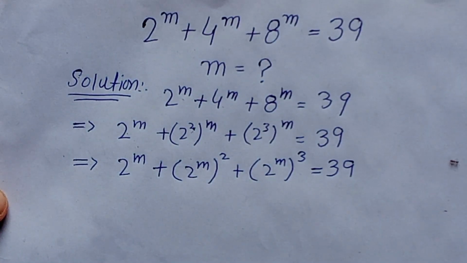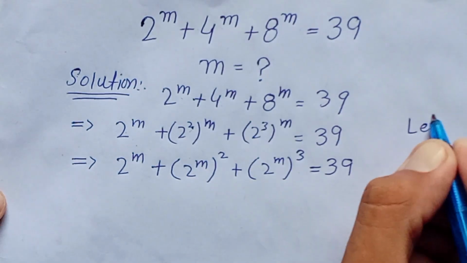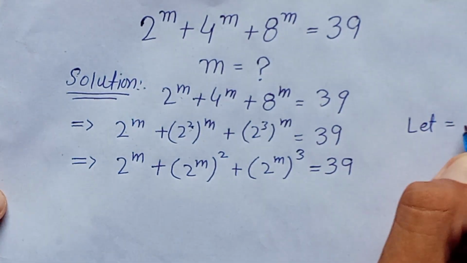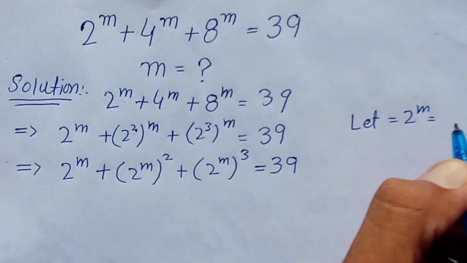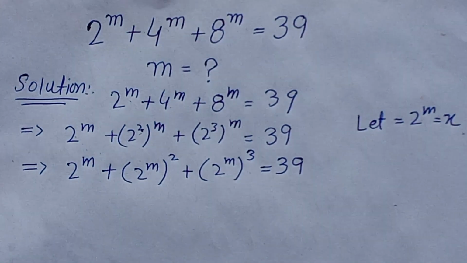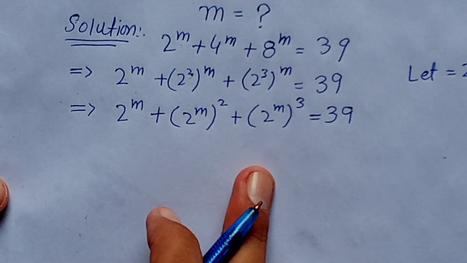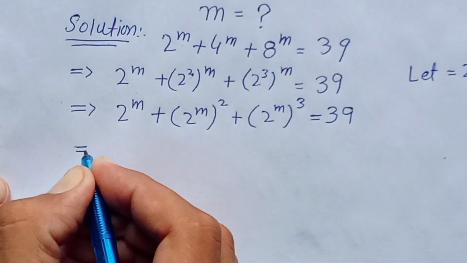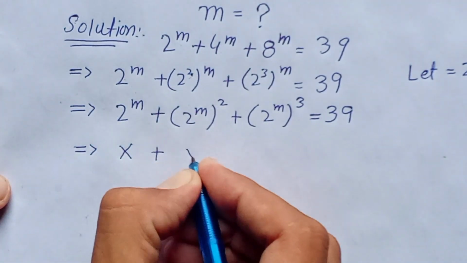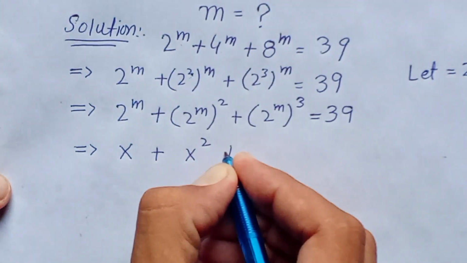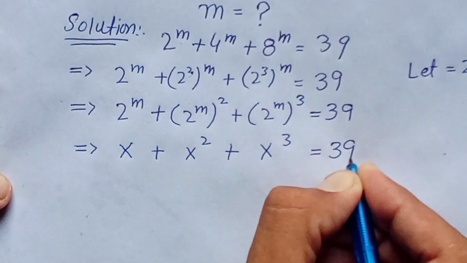Now I can suppose that 2 to the power m is equal to x. So x plus x square plus x cube is equal to 39.